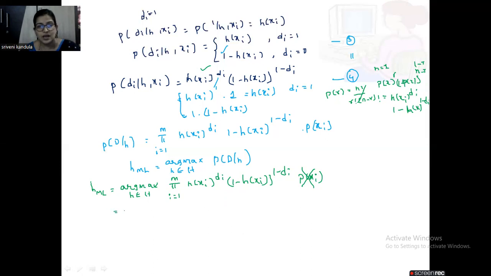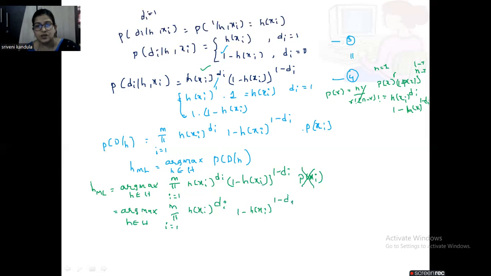So it is argmax over h belonging to capital H of the product for i equals 1 to n of h of xi to the power of di multiplied with 1 minus h of xi to the power of 1 minus di.